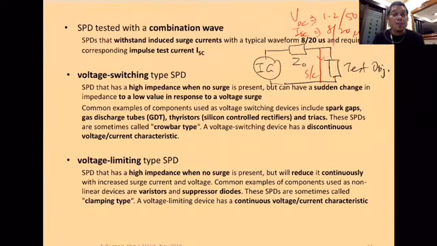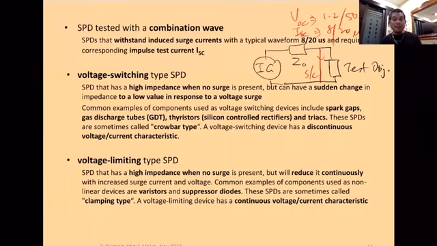Okay, voltage switching versus voltage limiting SPD. So there are two types of SPD, surge protective device. The first one is voltage switching. It means the SPD actually will turn on. It's like a gap. It will turn on or break down when the voltage is over the limiting voltage.